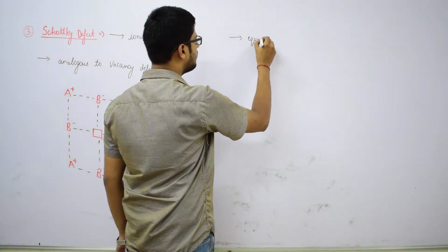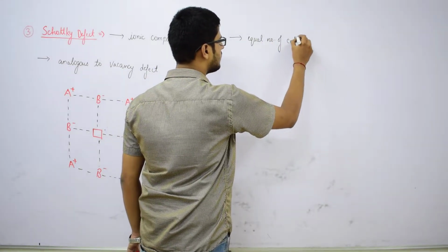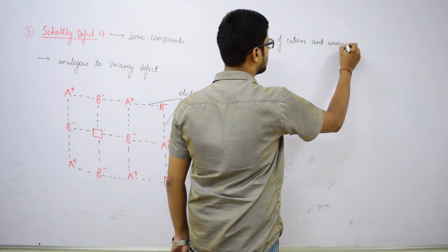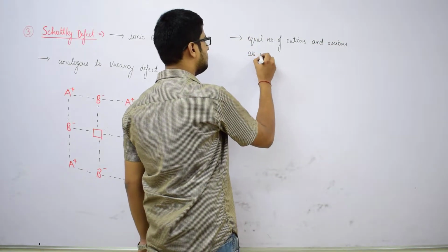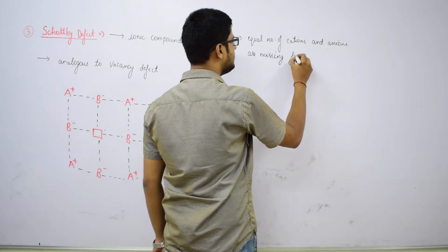Equal number of cations and anions are missing from their lattice sites.